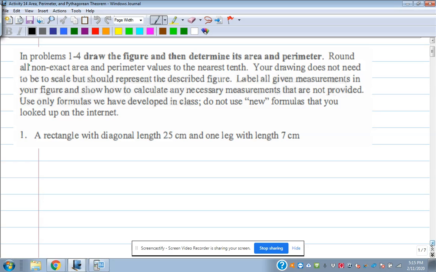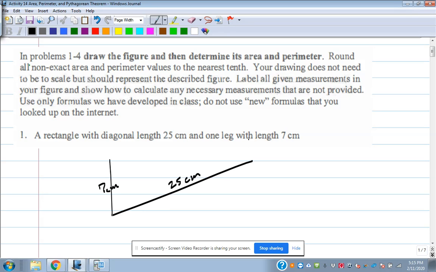So diagonal of 25, that's that, and a leg length of 7. I'm going to put the 7 right here. This is my 25. And then guess what? It's a rectangle.